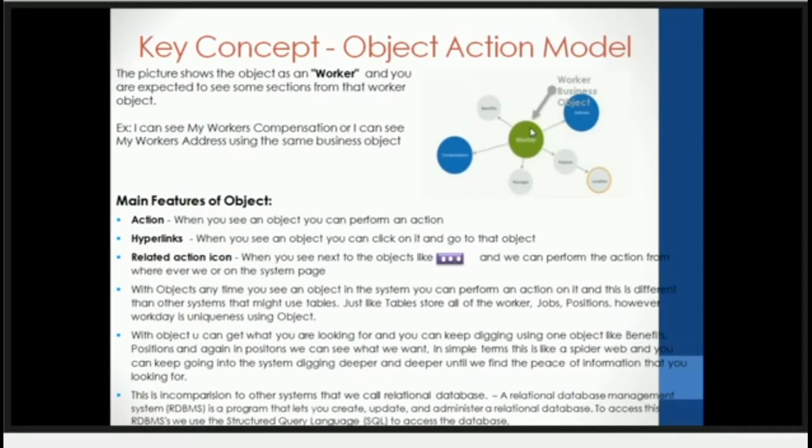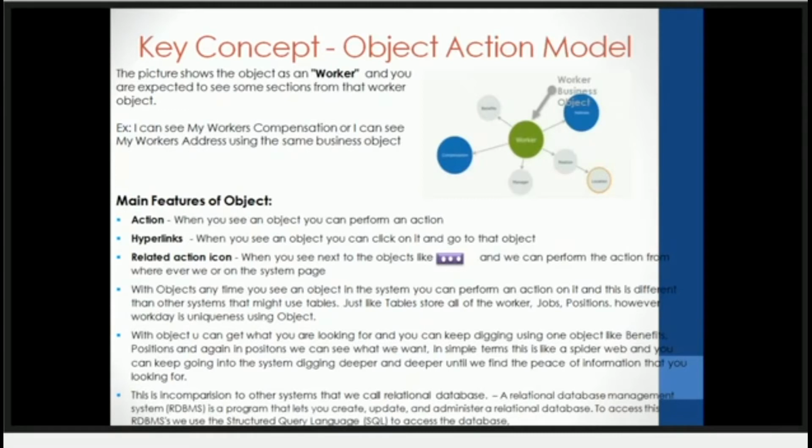So I am in my worker business object, and I can access the other business object information because I am in a set of data source. The business object holds a certain set of fields and instances, and the data source holds a certain set of business objects.